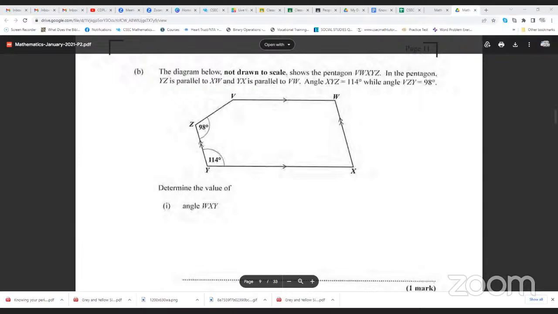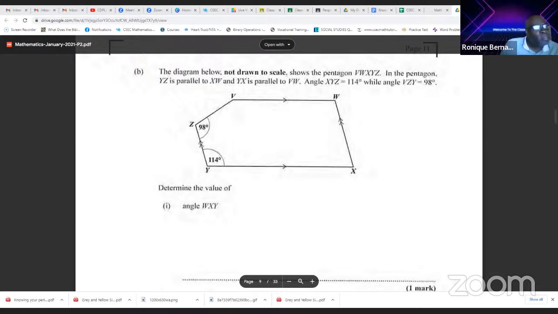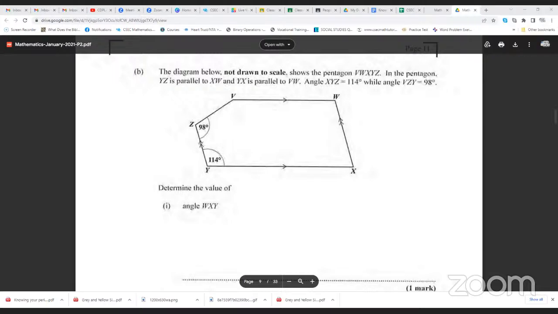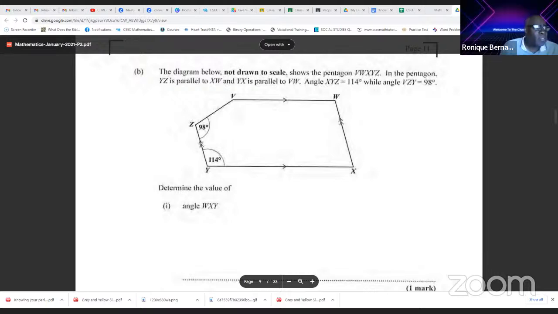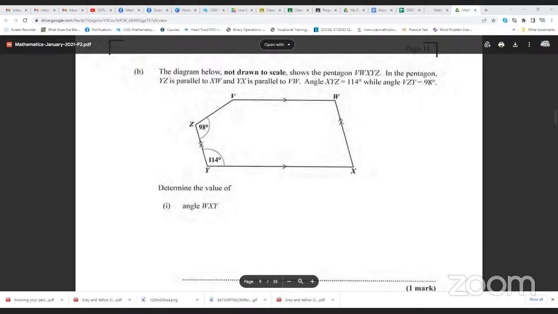Is it 82 degrees, sir? Angle V. Yeah. All right. No. Would you like to share with us how you got 82 degrees? I subtracted 98 from 180 degrees. Why?